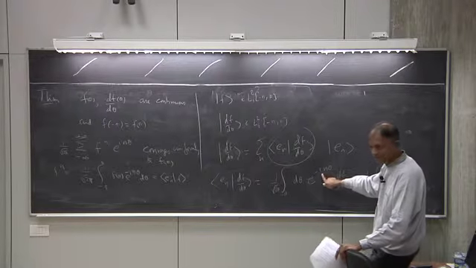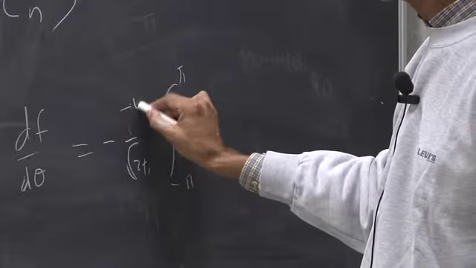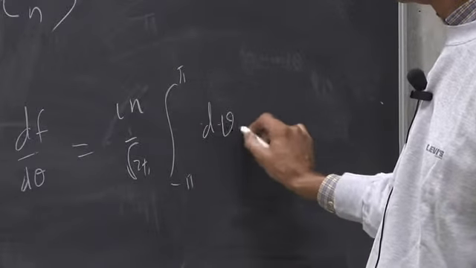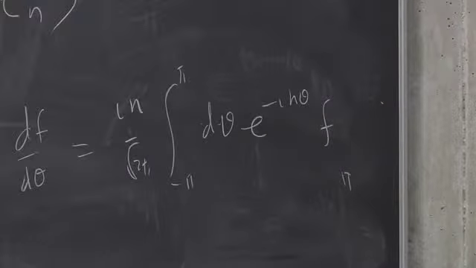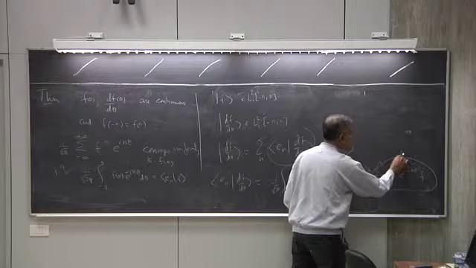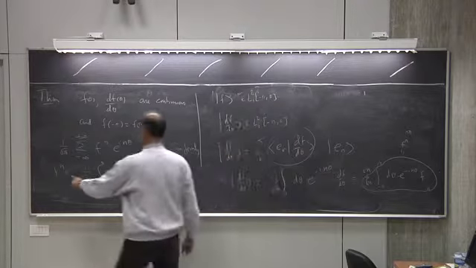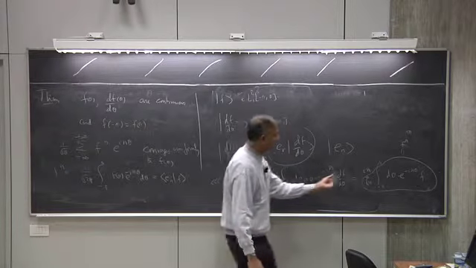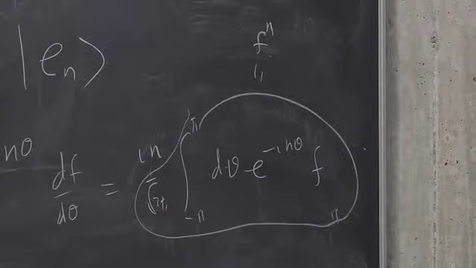Now the derivative hitting this one just brings down minus i n. So there is a minus, so minus minus plus i n times d theta e to the minus i n theta f. But this combination is what we called Fn. So what we are seeing is that this quantity is in fact equal to i n times Fn.